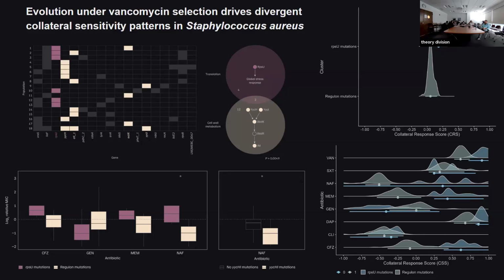We looked at nafcillin and at which mutations within the wall-KR regulon are sufficient to cause this collaterally sensitive phenotype, and we found that only YCHI mutations are relevant.